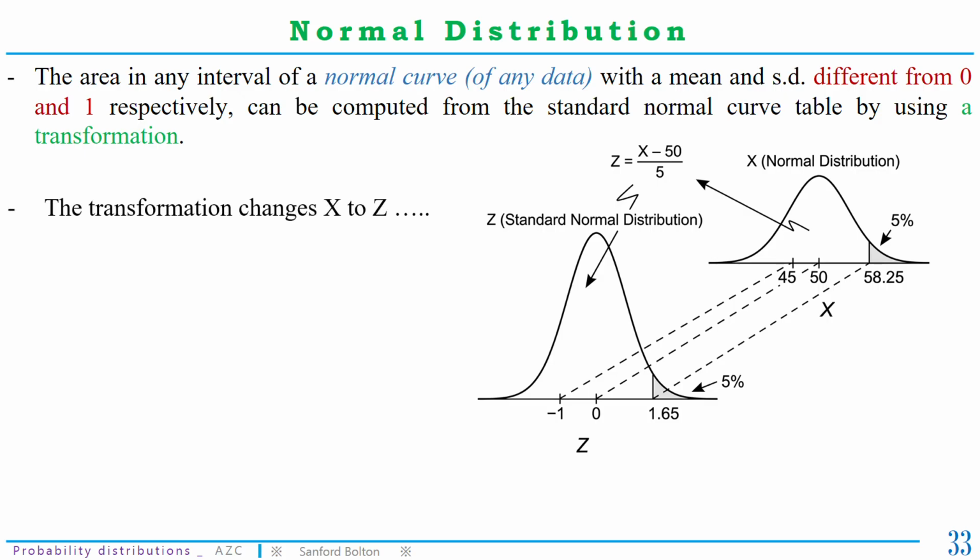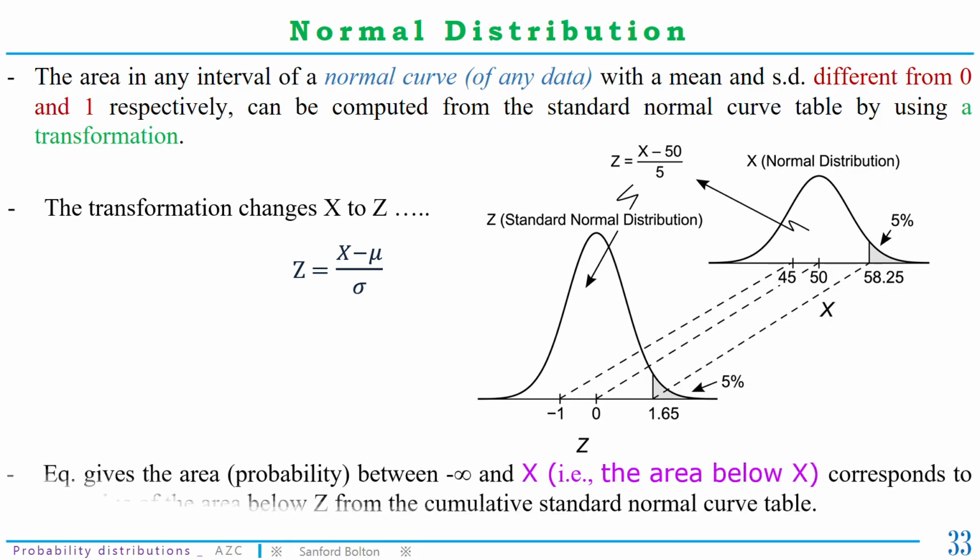The transformation changes x value to z value using the following equation. This equation gives the area probability between minus infinity and x. That is, the area below x corresponds to the area below z from the cumulative standard normal curve table.